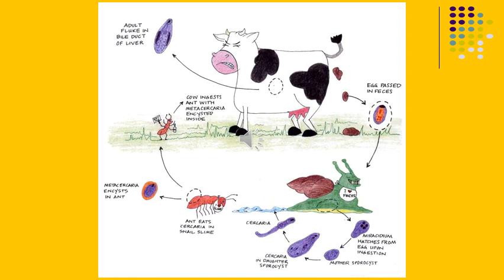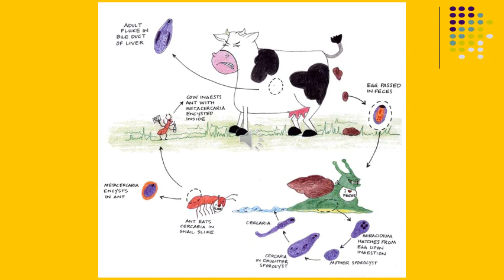The miracidium hatches from the egg and changes to a mother sporocyst, and after that it changes to a daughter sporocyst, and finally we have the cercaria, which go out in a slime ball.